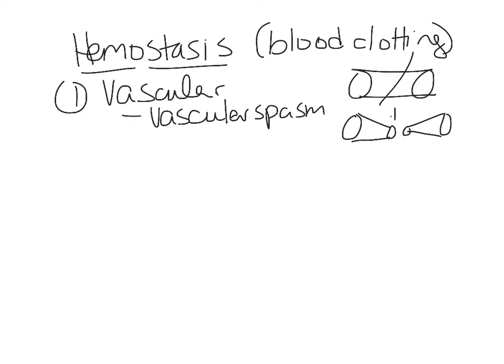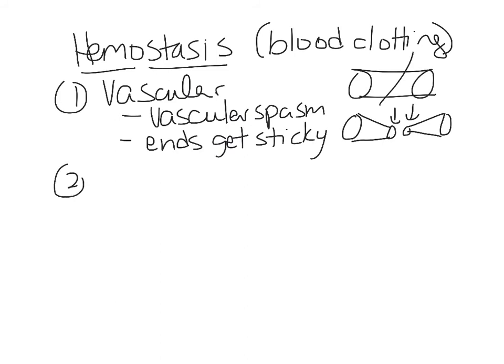That's where the ends constrict and get smaller, so less blood can be lost. The other thing is that those ends get sticky, which means platelets can stick to them. So that's the vascular phase. That lasts about 30 minutes.